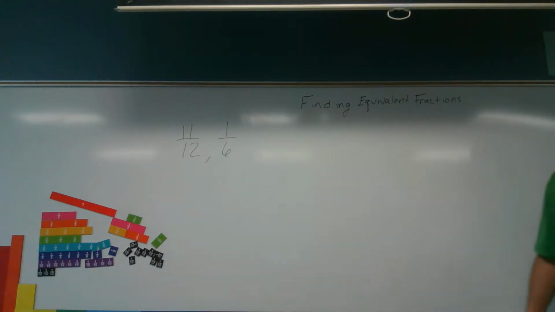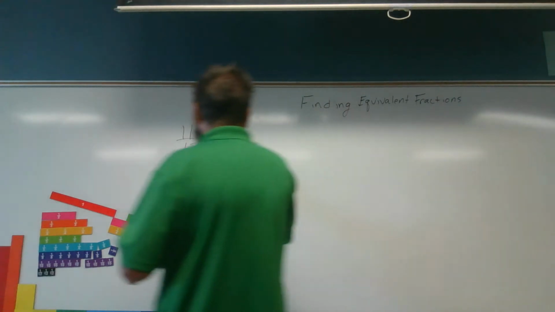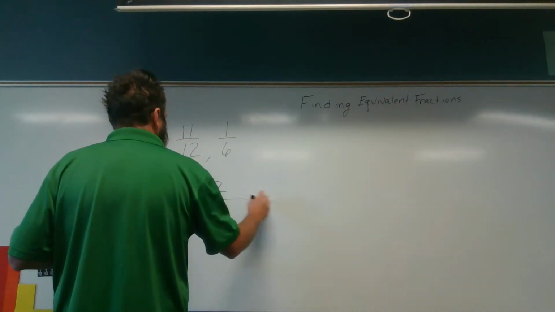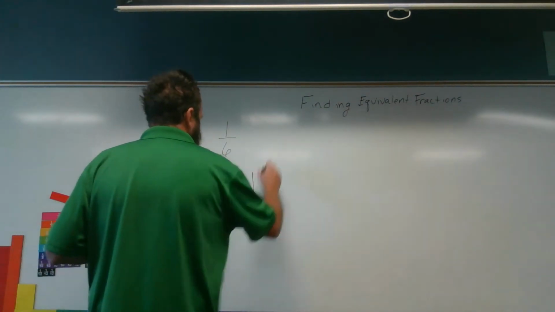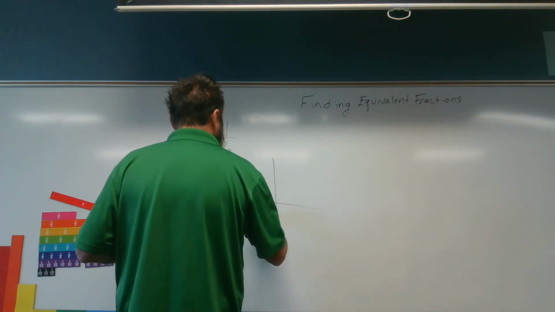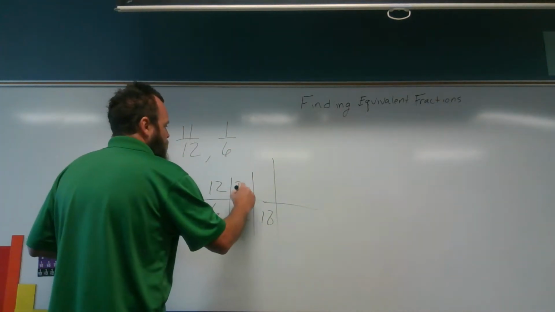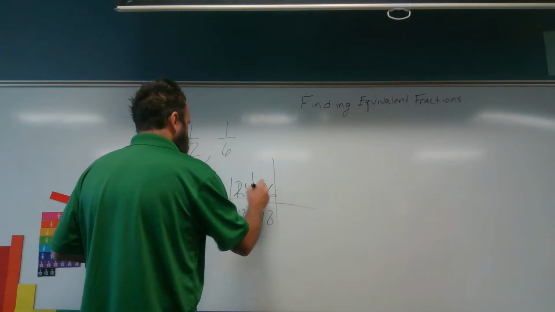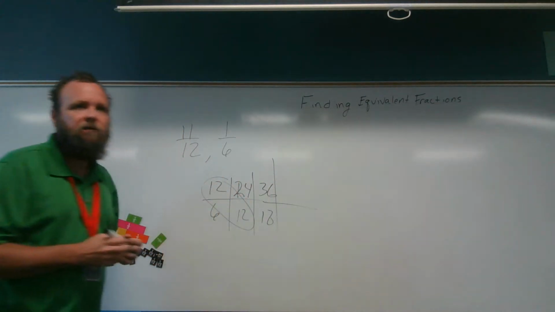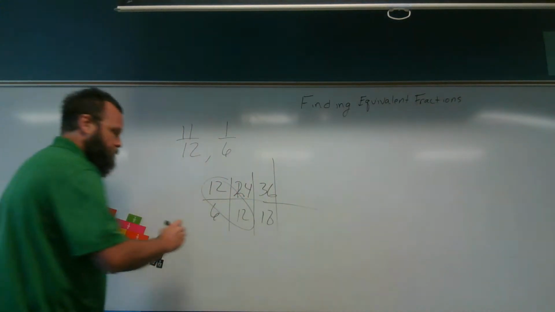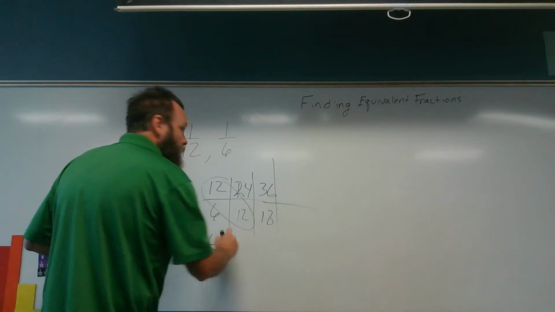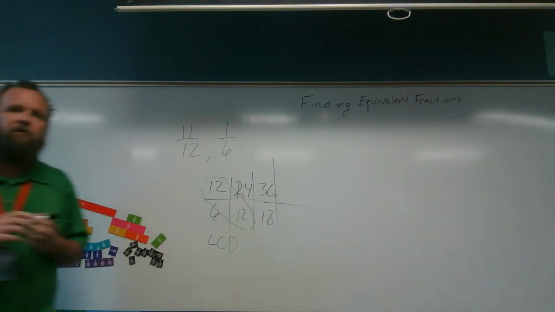But just in case you didn't look at it, I would take my two denominators. 6, 12, 18, 12, 24, 36. Oh wait, 12 is my least common denominator.